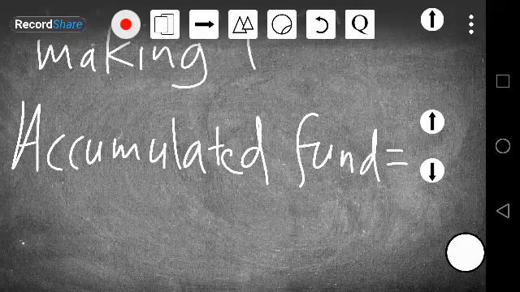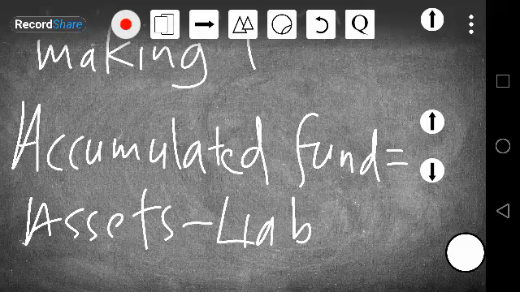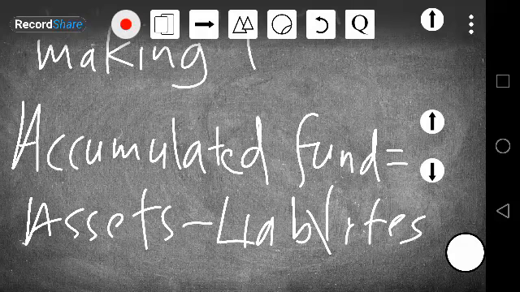Accumulated fund equals assets minus liabilities. So you should know that for non-profit making organizations, it is not known as capital, it is known as the accumulated fund.